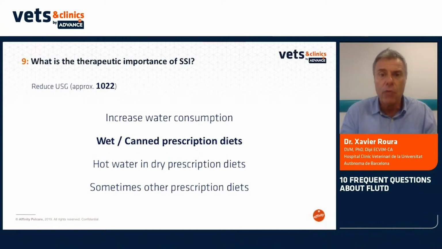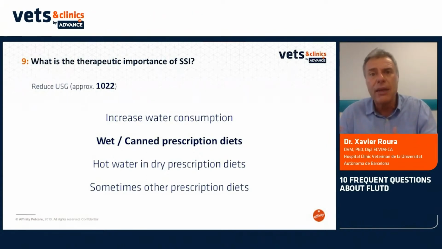So, for example, we can have hyperthyroidism, or diabetes, or a cat with chronic kidney disease. They perhaps need other kinds of prescription diet than a diet for urolithiasis.